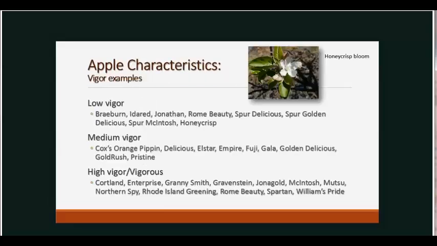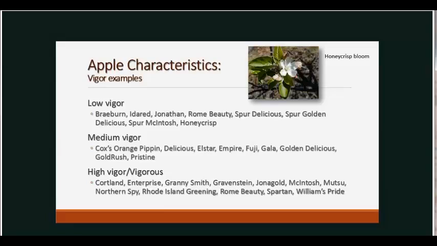When we look at apples that are considered to be low vigor, again, these would be ones that we would want to put on a rootstock that is vigorous. We would look at things like the Braeburn, Jonathan, the spur types like the Delicious and Golden Delicious, spur type Macintosh and Honeycrisp.